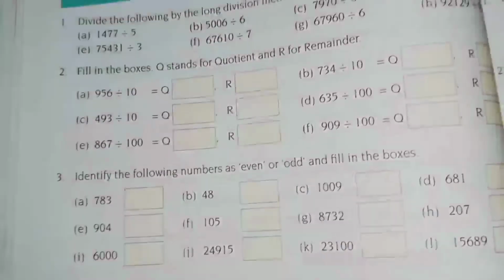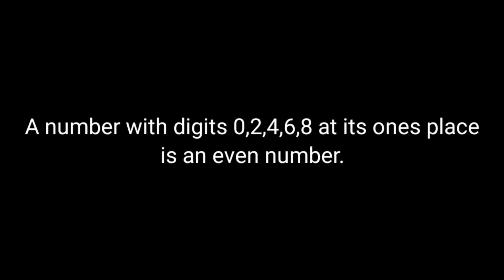Before teaching this question, let me teach you what even and odd numbers are. So what is an even number? A number with digits 0, 2, 4, 6, 8 at its ones place is an even number.